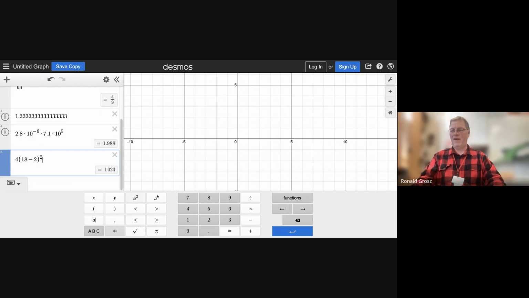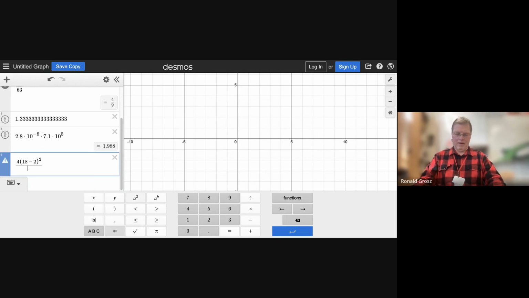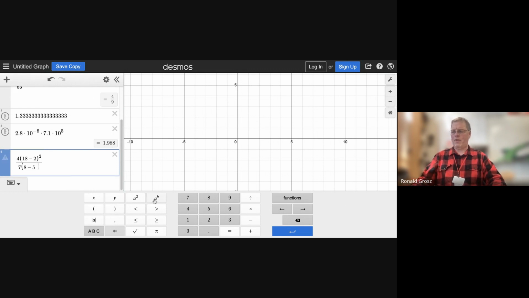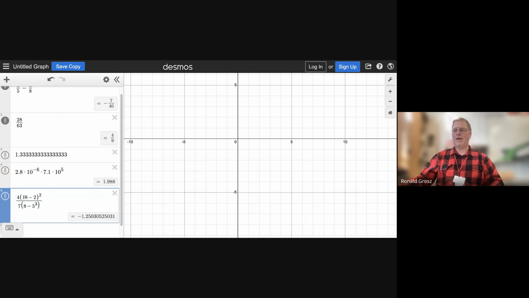So I'm going to divide that by 7 and 8, subtract 5 to the 3rd power. It ends up being a horribly long fraction. Hopefully they're going to estimate it or come close where you don't have to add all those in. Because even as a fraction, it's kind of annoying.